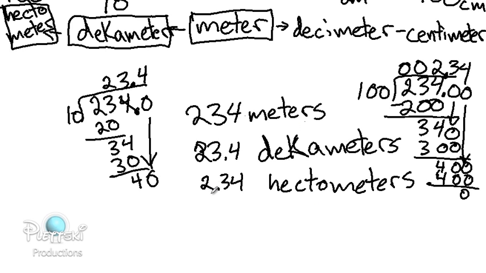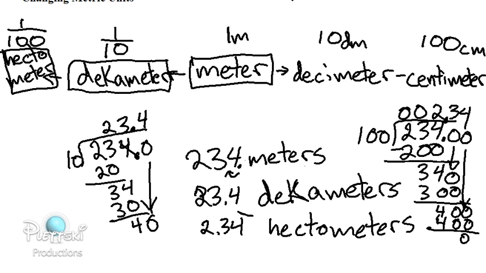Okay, so it would make sense that you would have quite a few less hectometers than meters. Okay, notice a pattern here. If we imagine that there's a decimal here next to the meters, every time we divide it by 10, we move the decimal over 1. So if you remember, a decameter is 1/10 of a meter.